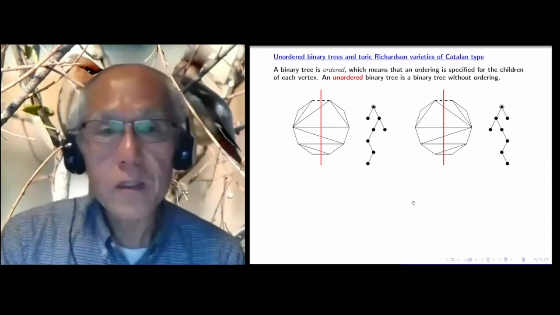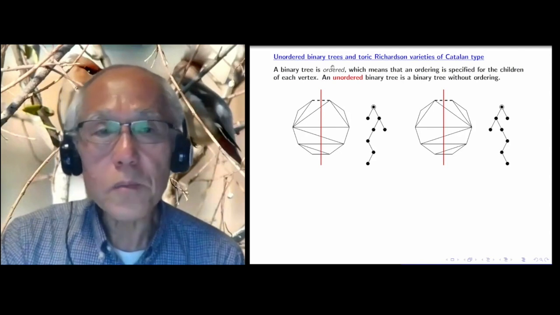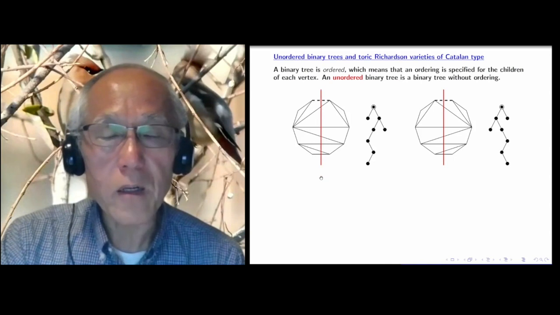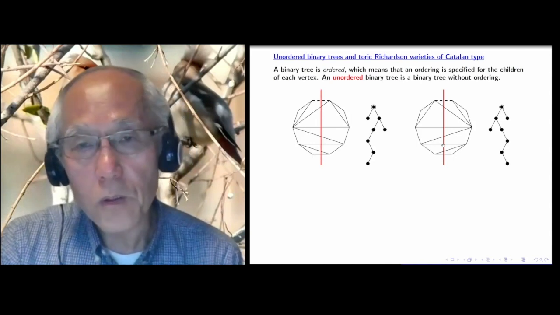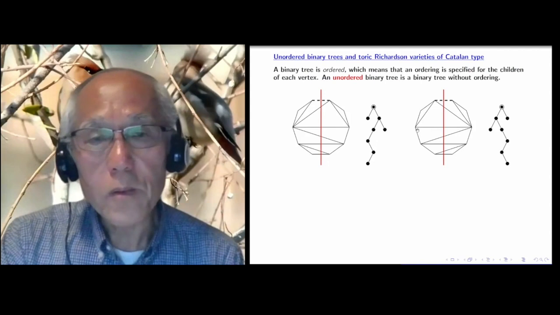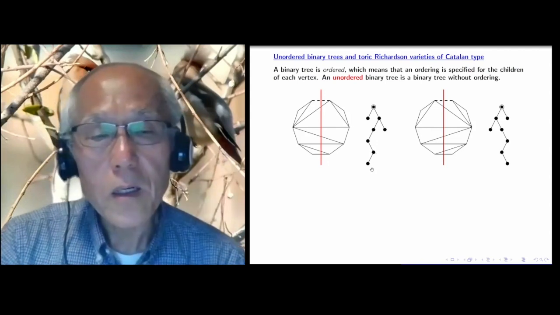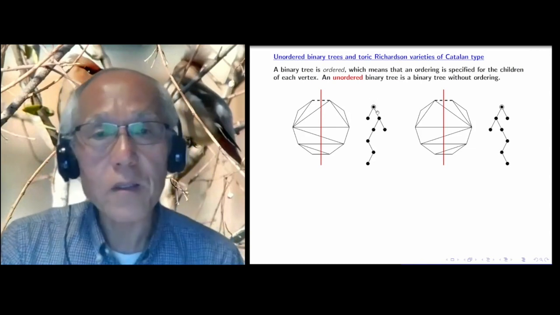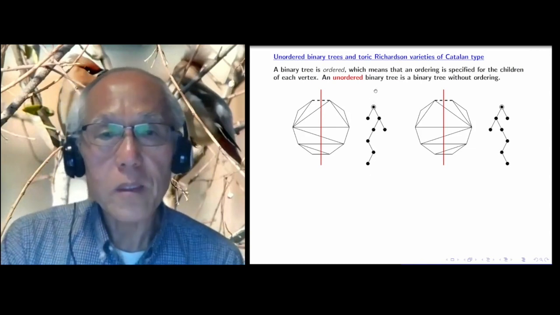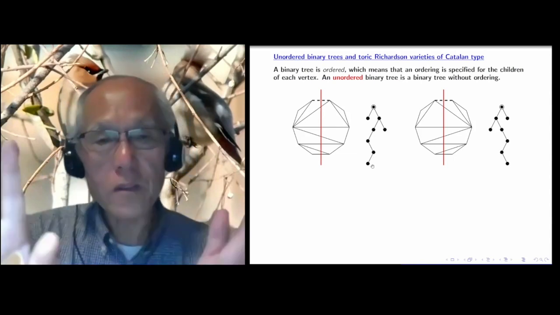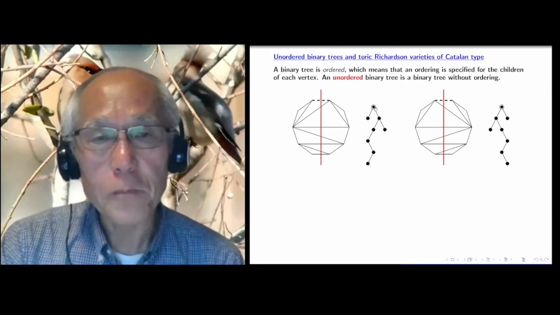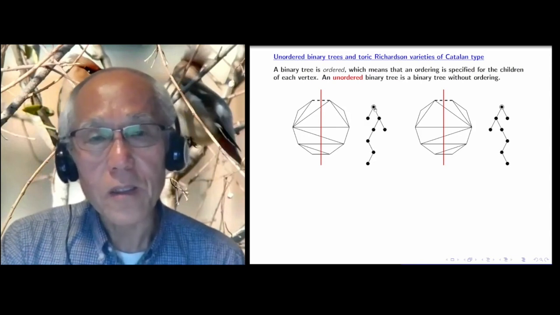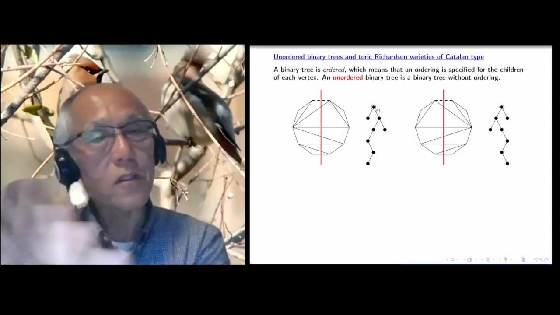But if I reflect this polygon triangulation through this vertical line, I get this polygon triangulation. That reflection corresponds to reflecting the binary tree along this edge. So you just interchange left and right children.